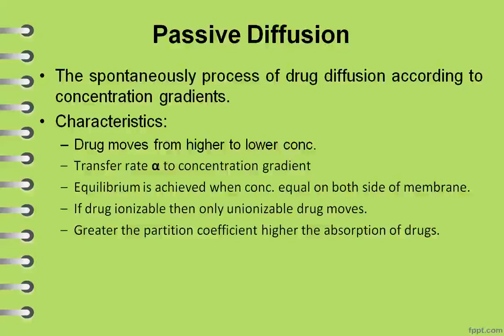Equilibrium is achieved when concentrations are equal on both sides of the membrane. If the drug is ionizable, then only unionized drug is absorbed through passive diffusion. The greater the partition coefficient, the higher the absorption of the drug.